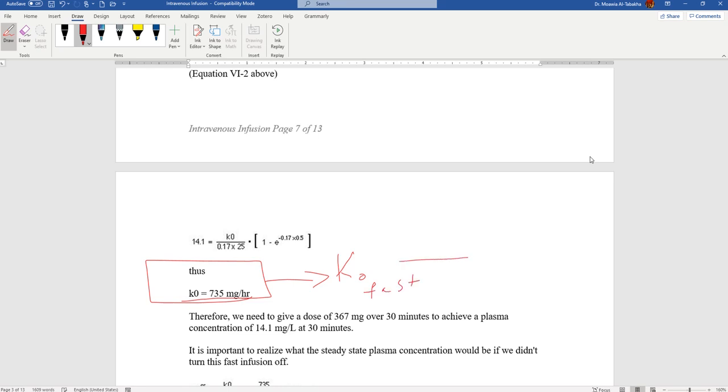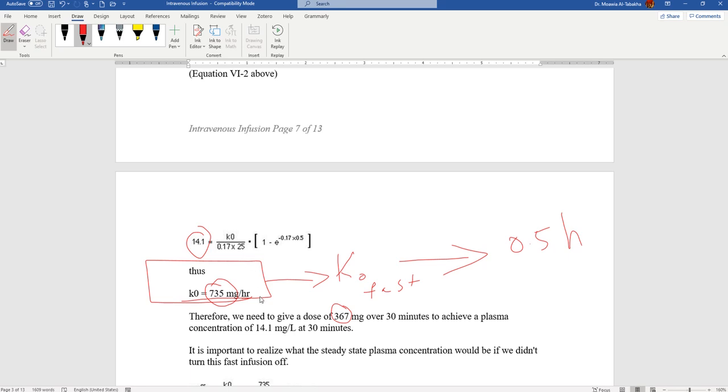Right? How long are we going to operate this fast infusion? Remember that it will be operated for only half an hour. That means we are not going to use the whole quantity here because this quantity is for an hour. We're going to use half of this, almost 367.5 milligram over 30 minutes. Okay? Once we do that, in half an hour we're going to reach our desired concentration, which is 14.1.